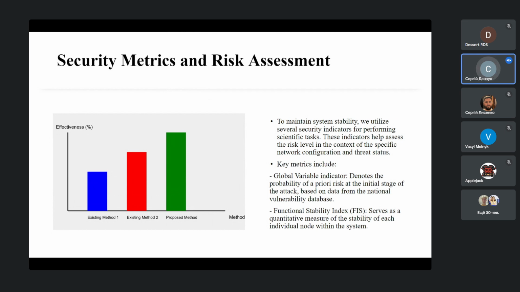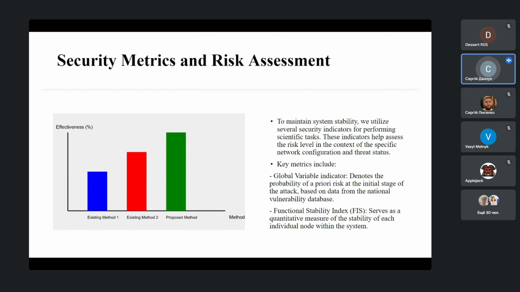Key metrics include the global variable indicator, which denotes the probability of a priori risk and the initial stage of attacks based on data from the National Vulnerability Database.